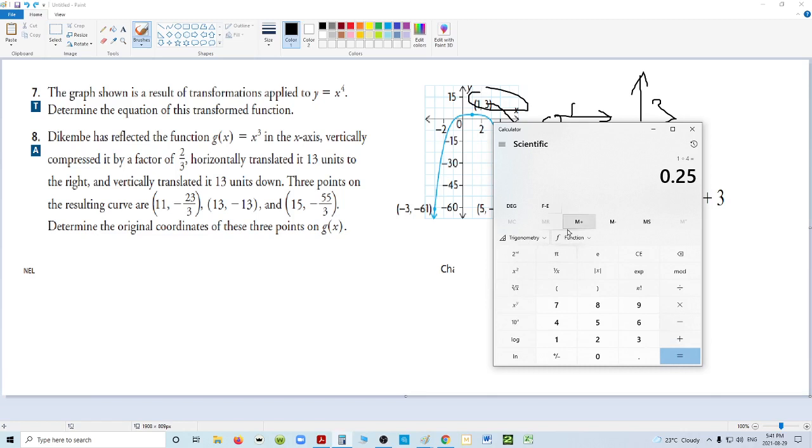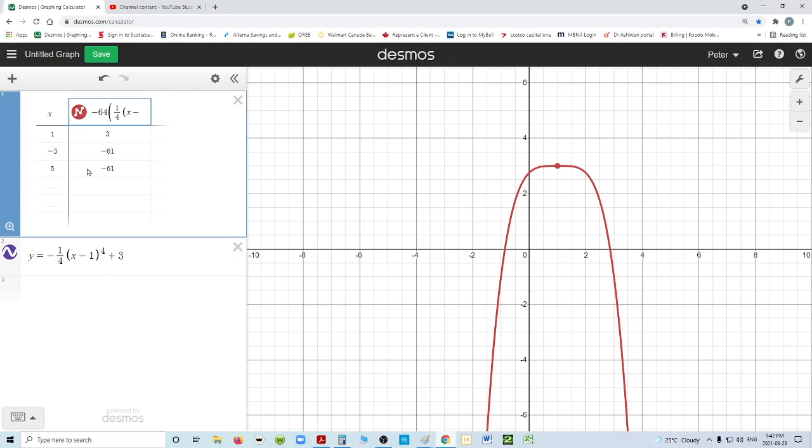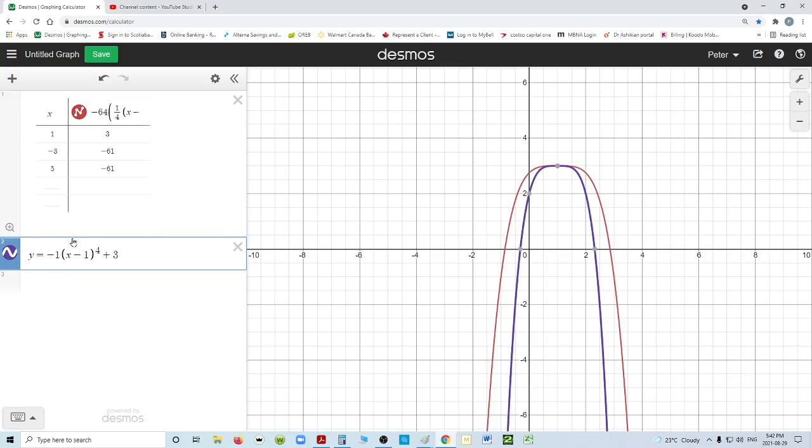Where's the second function? No, somewhere. There we go. Right there. So I find the 4. Yeah, I don't know if that'll do it, though. 0.7. Yeah, it does.